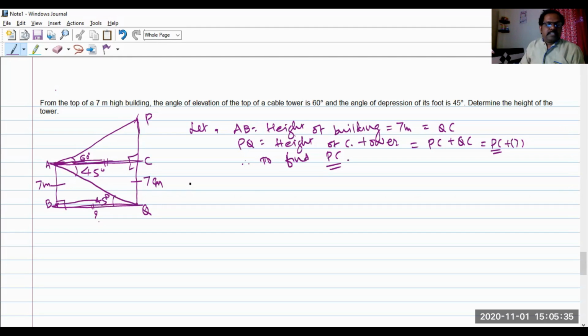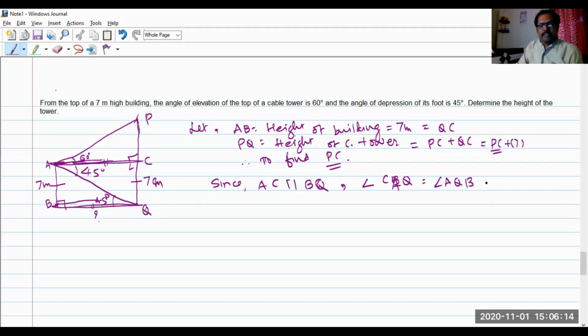So first we consider the triangle ABC. Also we can note that since AC is parallel to BQ, as the ground level and the eye level are always parallel to each other, the angle CAQ is the same as the angle AQB.